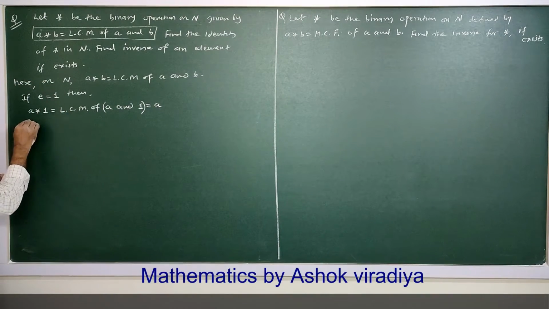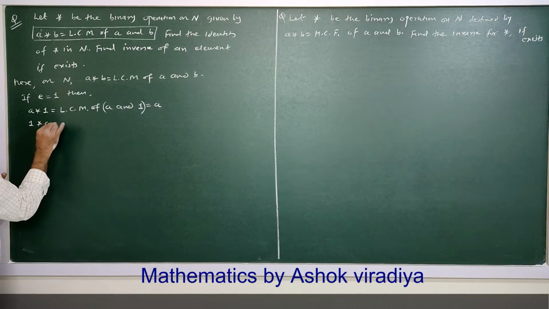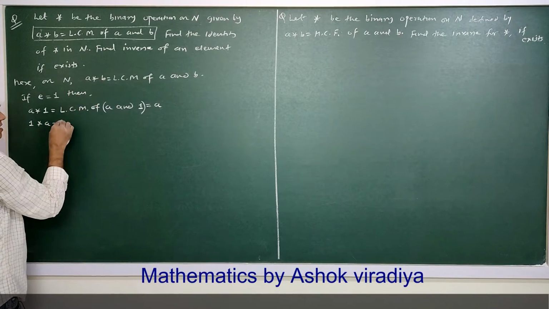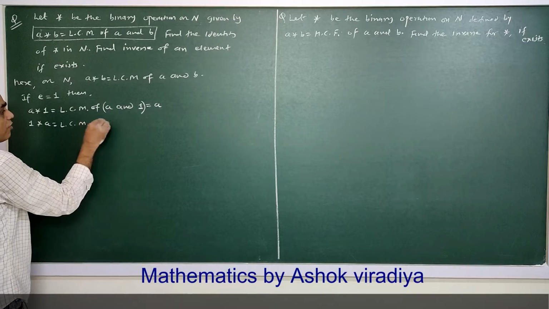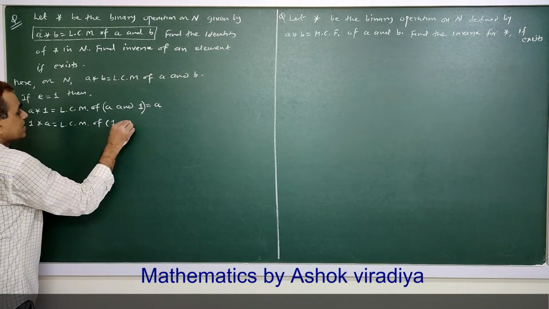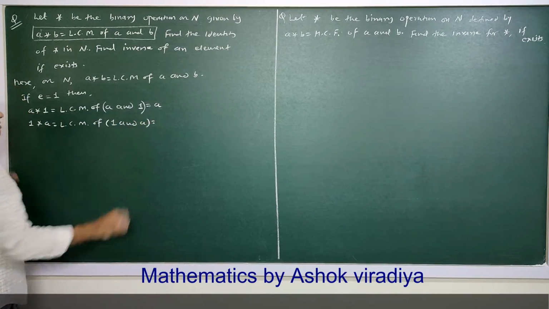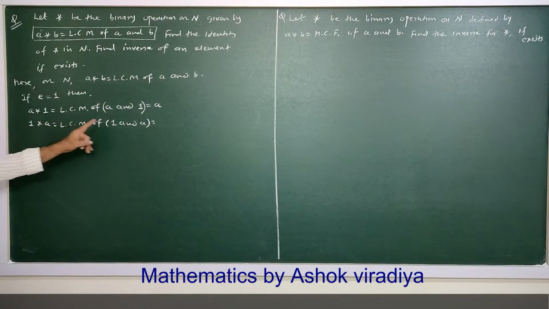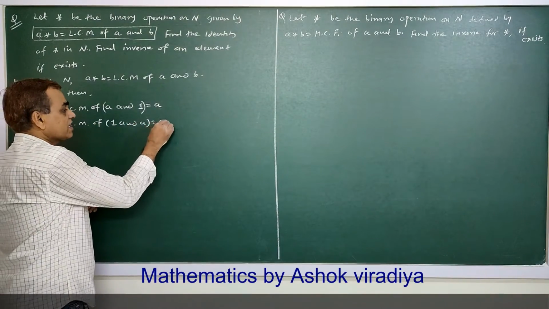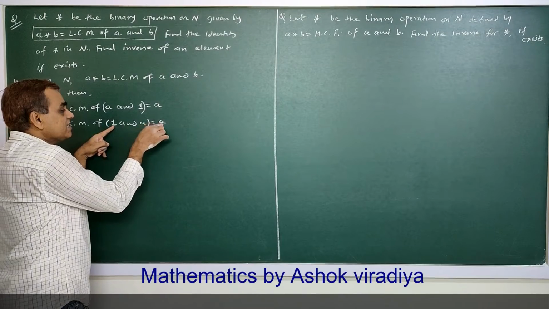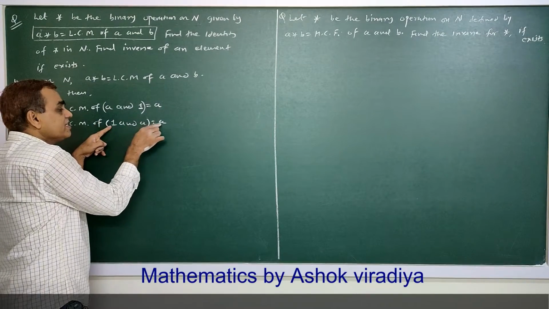Similarly, if we think about 1 star A, then LCM of 1 and A. LCM of 1 and 7 is 7. LCM of 1 and 6 is 6. LCM of 1 and 100 is 100.